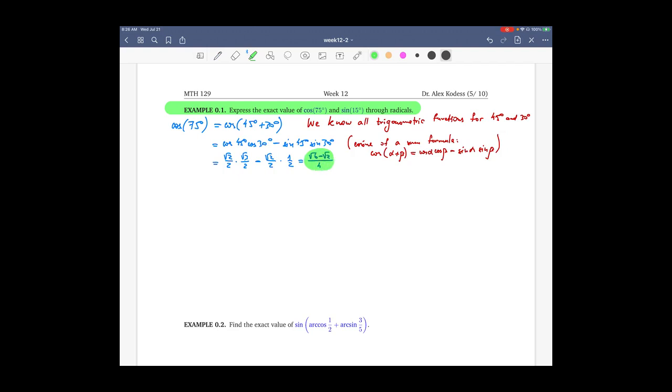And for sine of 15 degrees, we can argue that 15 is 45 minus 30. And we again know all trigonometric functions for 45 degrees and 30 degrees. So now we use the sine of a difference formula.